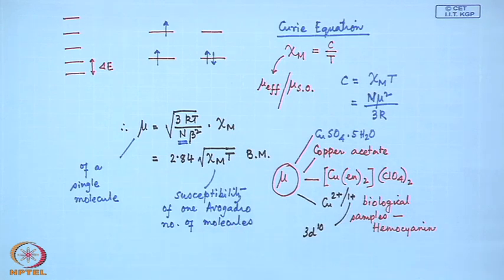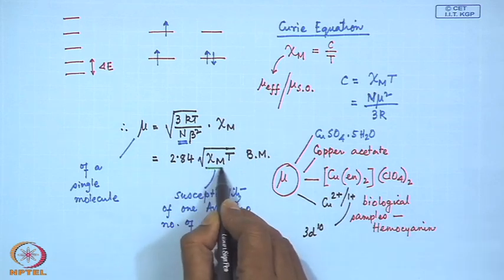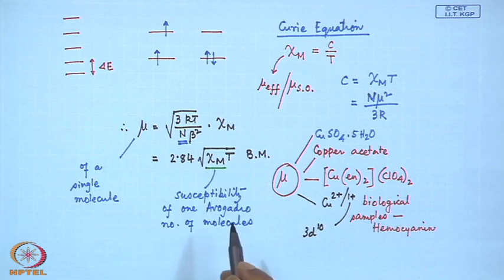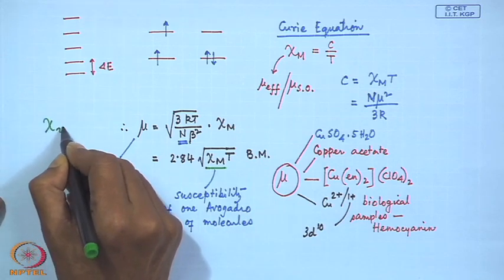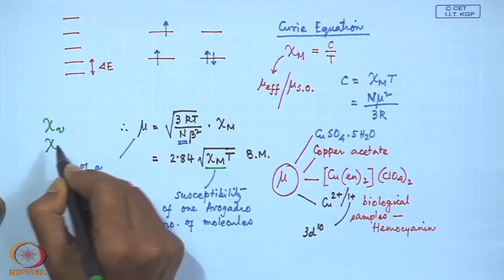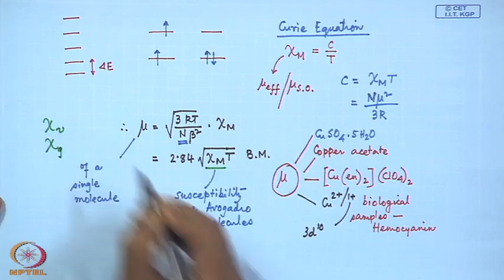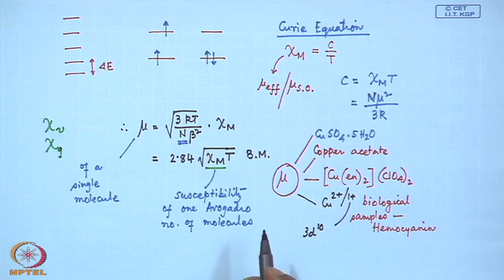That is why we consider it as the molar susceptibility term. Similarly, we can have the volume susceptibility, which is known as chi v, and when we consider it per gram, we have the gram susceptibility values.